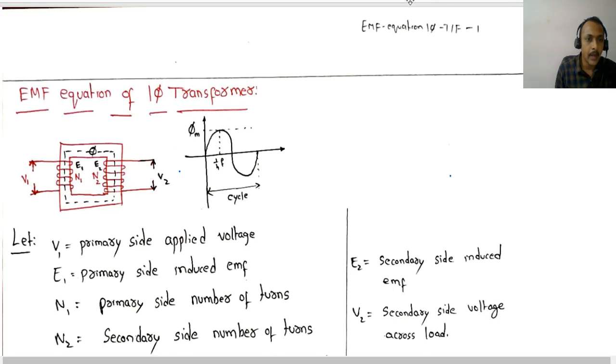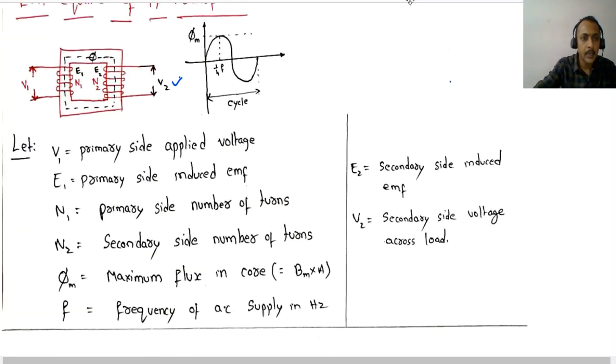V1, E1, N1 with respect to the primary side, V2, N2 and E2 with respect to the secondary side, and phi m indicates the maximum flux in the core linking both the coils, and f indicates the frequency of the AC supply in Hz.